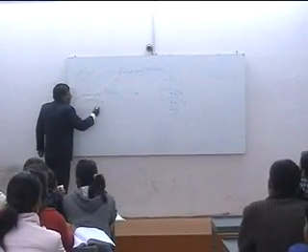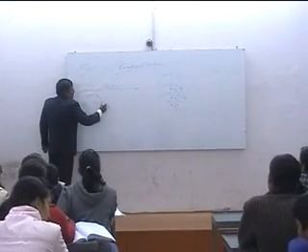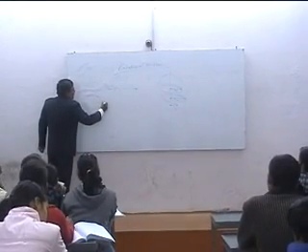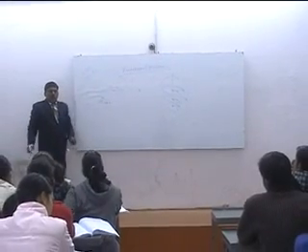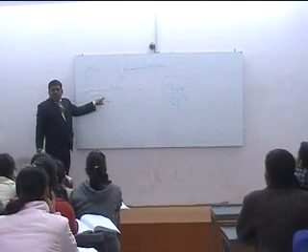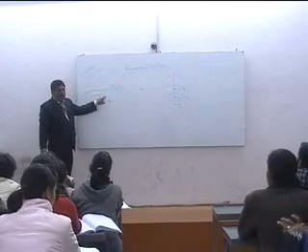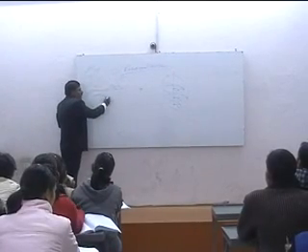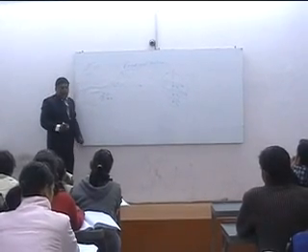This is the particle, and this is theta. Suppose this particle moved from here to here in time t. The linear distance covered by the particle is this s, and suppose this is circular, obviously, so the radius is r.